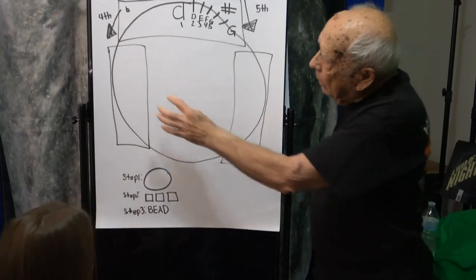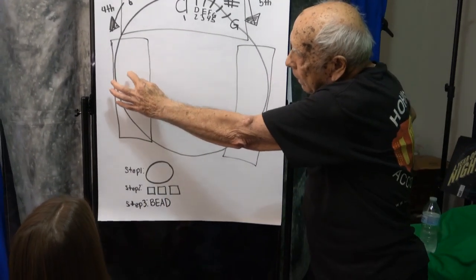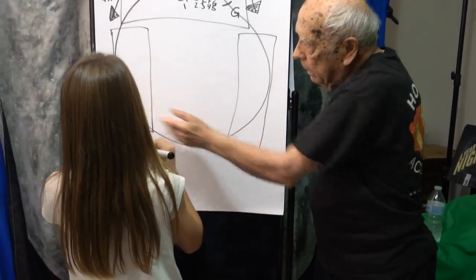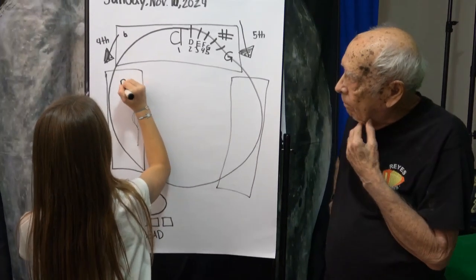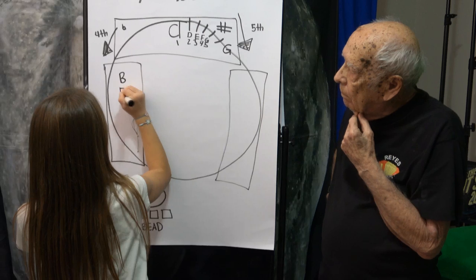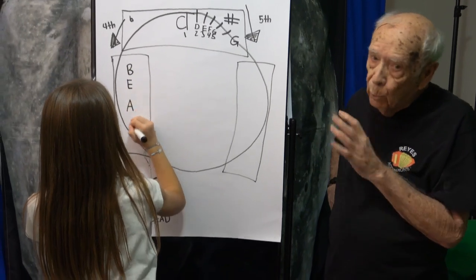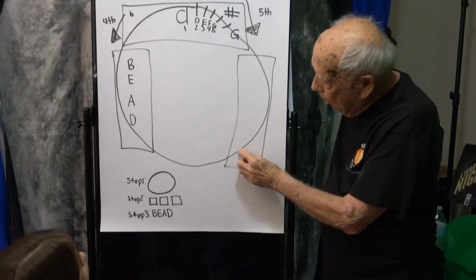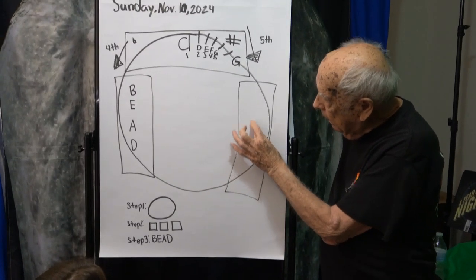Now write down capital B, capital E, capital A, capital D. B-E-A-D. This is relatively simple. This is not hard stuff yet. Now we're going to go up.